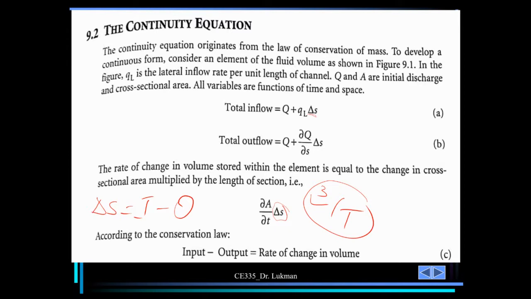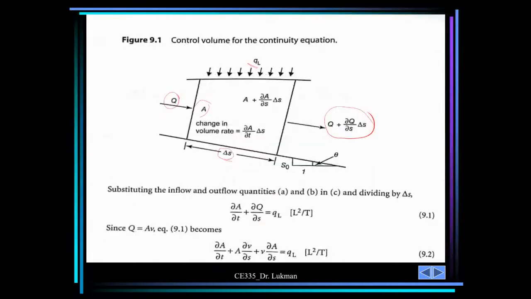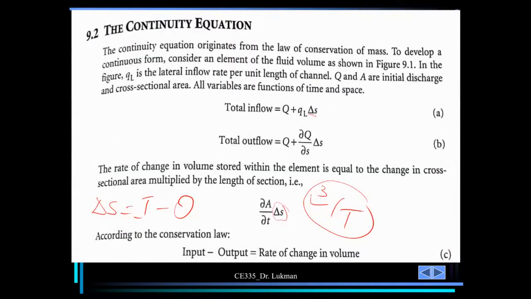Input minus output gives the rate of change in volume. So this is our I, this is our O, and this rate of change of volume is our S here. We just bring them here and plug them into this equation.